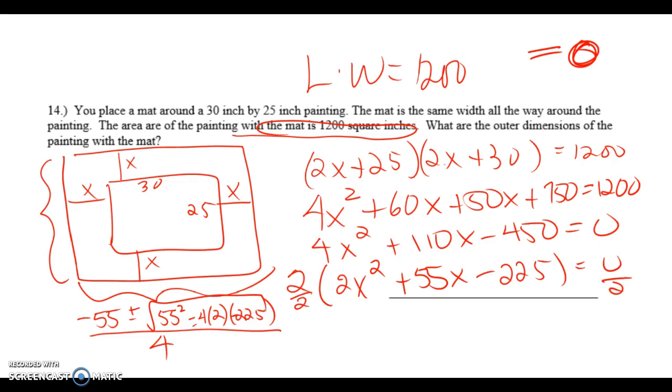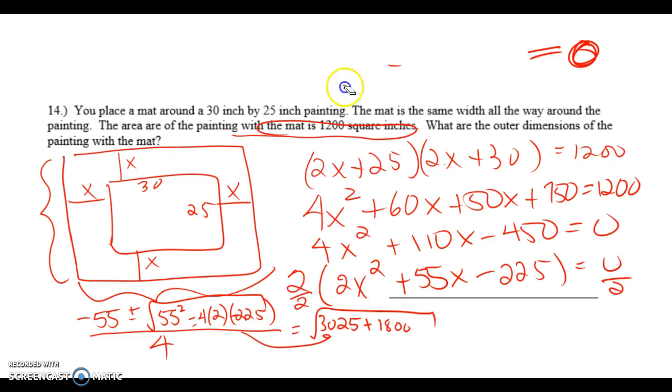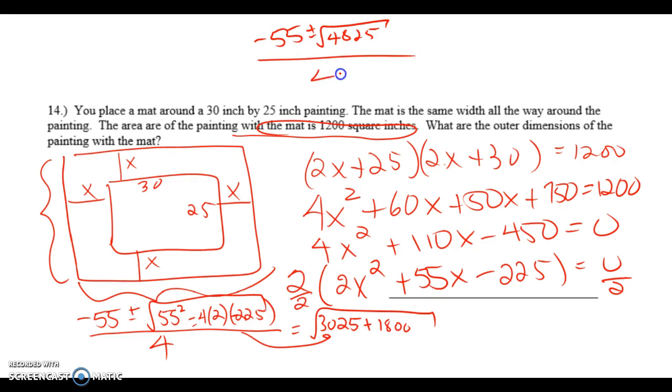So 55 squared is 3025. Underneath that square root, 225 times 4 times 2 is 1800. All right, let me come up here, running out of room. So it's negative 55 plus or minus the square root of 1800 plus 3025, 4825, all over 4.